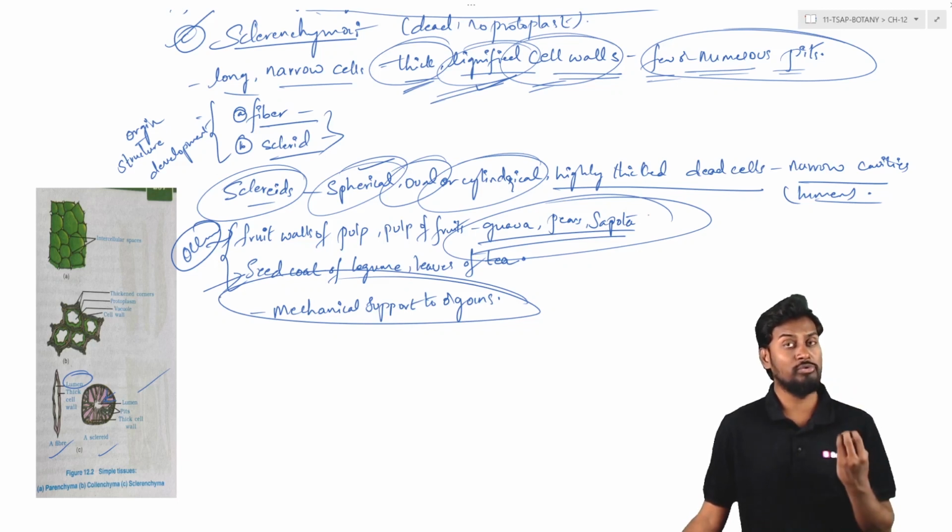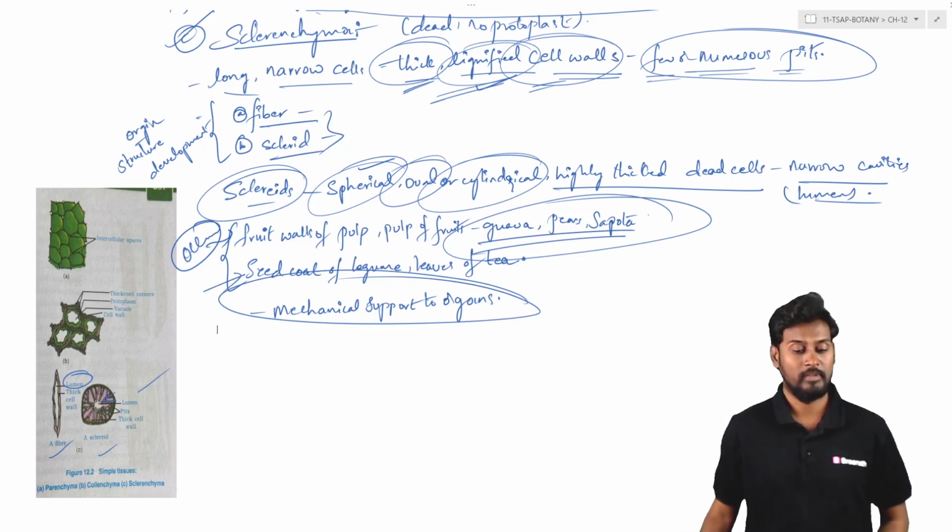The simple tissue is the one which undergoes cell division, whereas permanent tissue doesn't show any cell division. They show some kind of modification and adjustment according to the requirement of the plant organs. So there are two different types, simple and permanent tissues, in case of plant tissues.